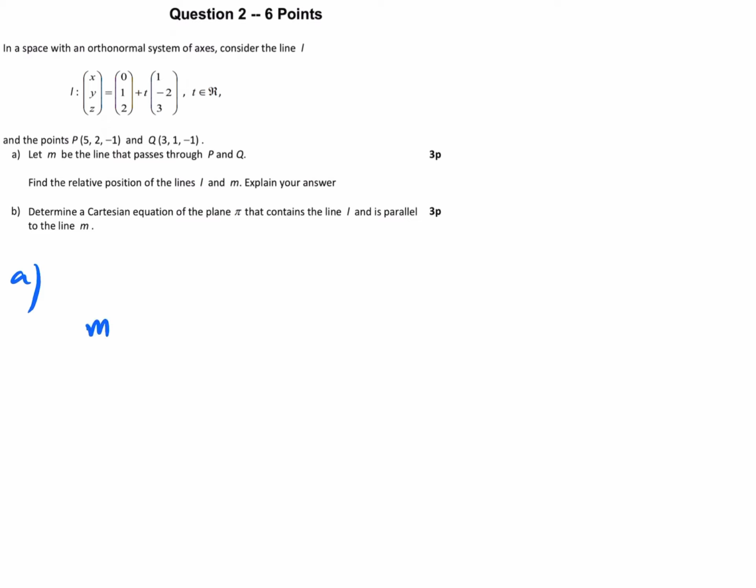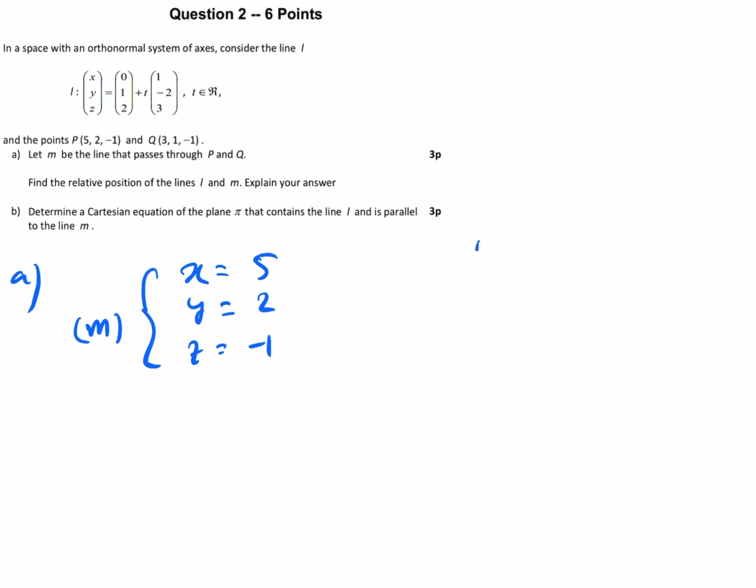We need to find the equation of line M, for which we will write the x, y, z parametric equations. We need the coordinates of one point, not 0, 1, 2, that's the other line, but 5, 2, negative 1, for example. We can use either 5, 2, negative 1 or point Q, 3, 1, minus 1.